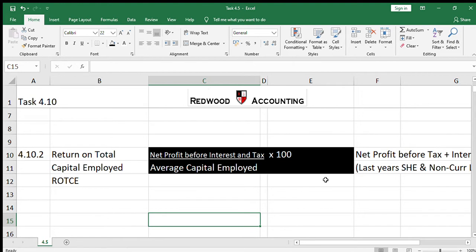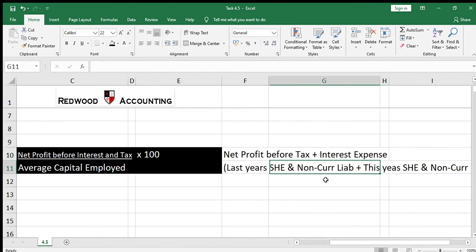Okay, so this formula here, we also did this last year, but the formula was slightly different. Here we're going to say net profit before interest and tax. Last year it was just net profit before interest, as the partnership's financial statements didn't have any tax. And we're going to divide that by average capital employed. I put a note on the side here of different ways of how you calculate it.